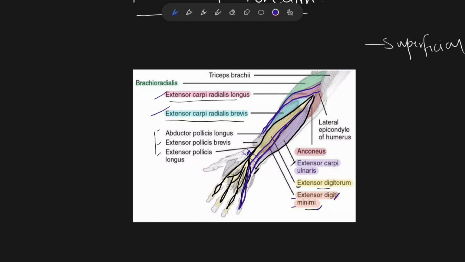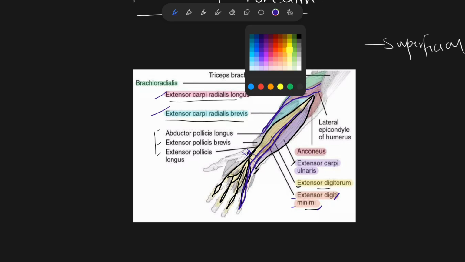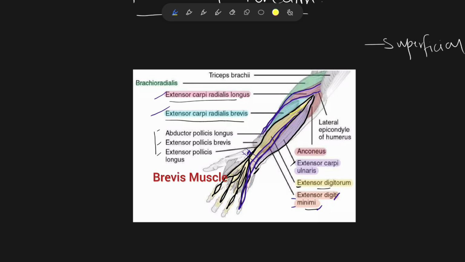And then we have the short one, brevis. It's shorter than the longest muscle. So this one is extensor carpi radialis brevis. So we have done the superficial muscles.